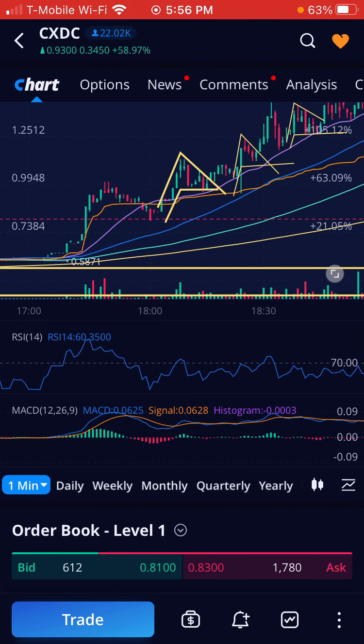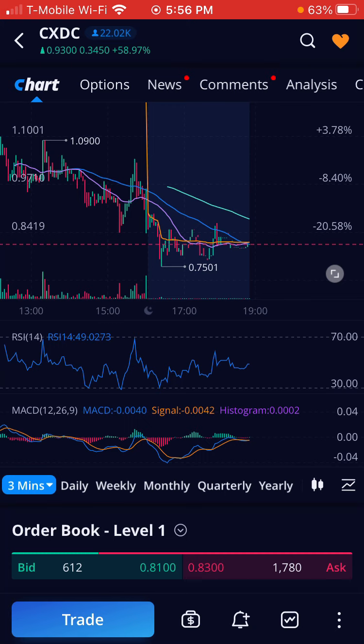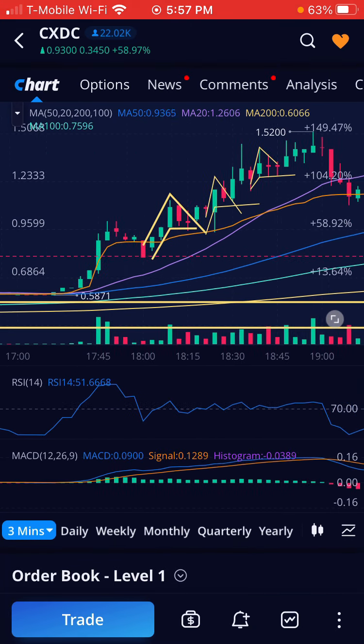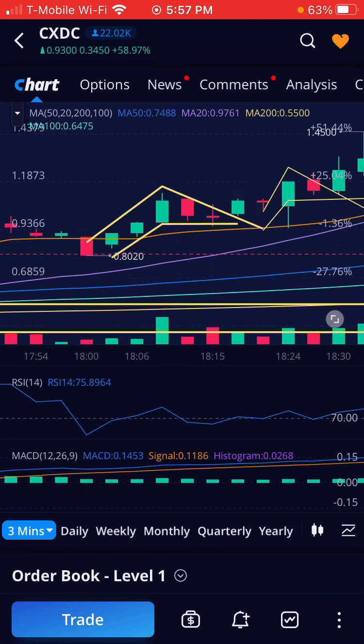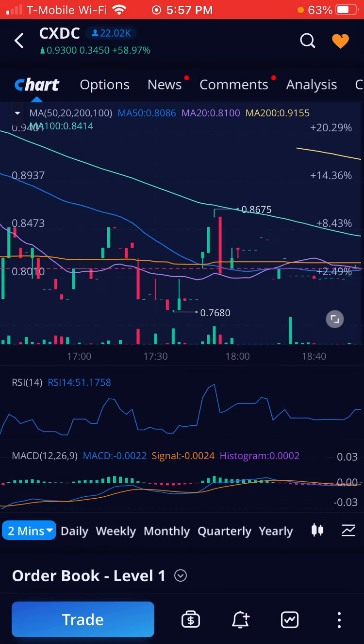So there's an indicator called a bull flag. Bull flags are my favorite because they're the easiest to spot and the easiest to draw out to show that they're actually happening. So the basic idea is that you have the flagpole and then you have the flag.